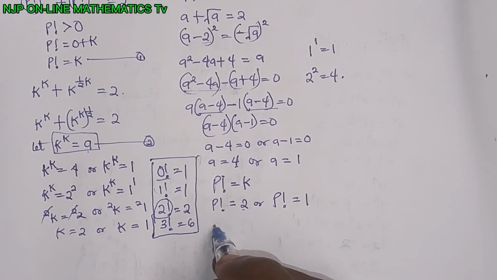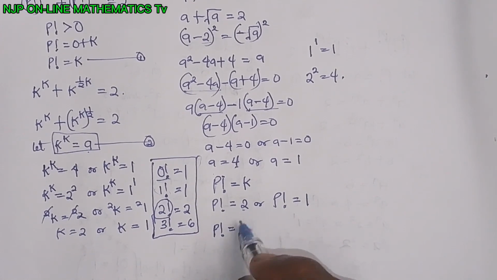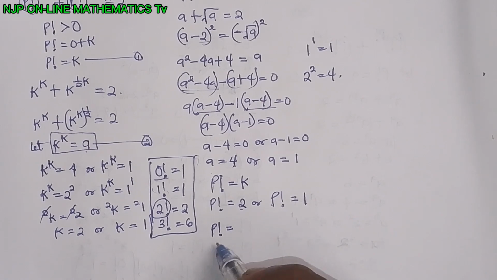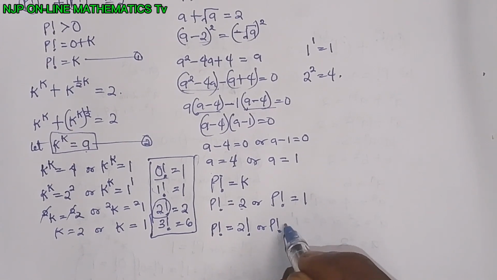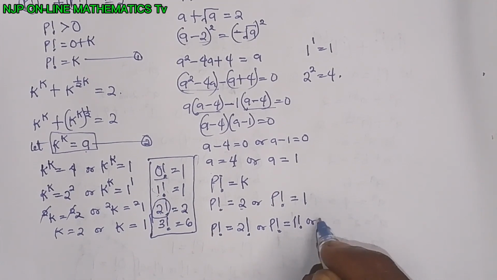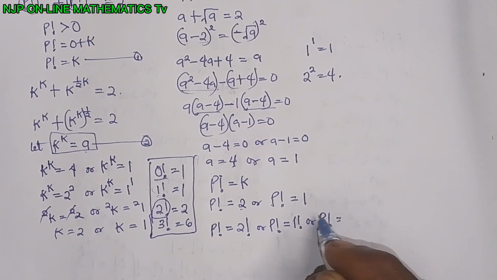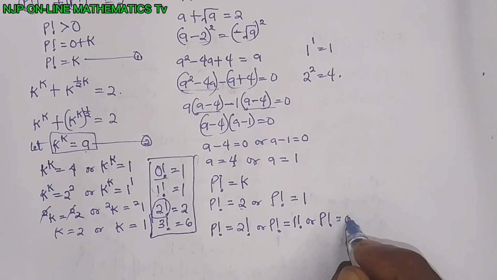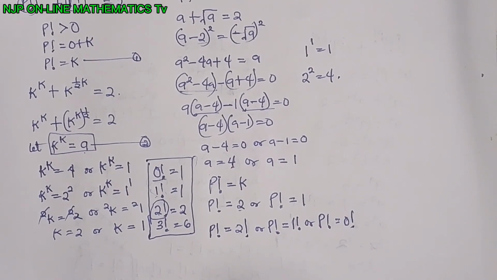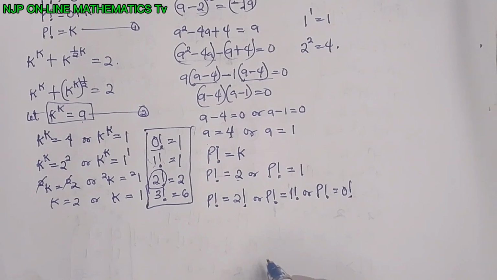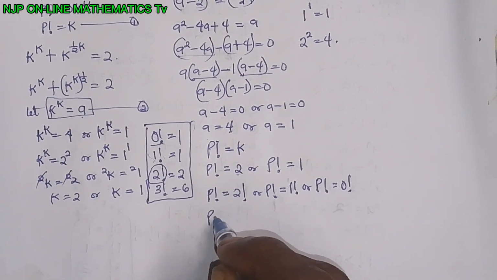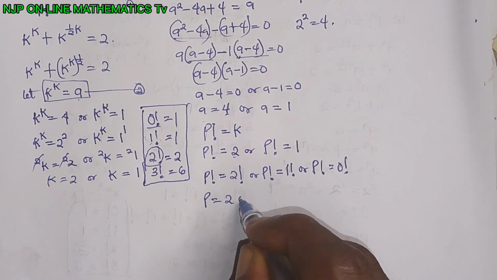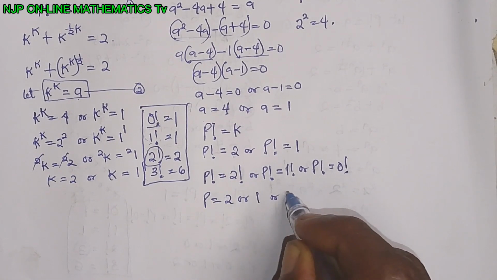So if we continue, we are having that p factorial equals 2, and 2 is 2 factorial, or p factorial equals 1, which is 1 factorial, or p factorial equals 1, which is 0 factorial. We have now obtained three values for p here. So we have to continue by saying that p equals 2, or 1, or 0.